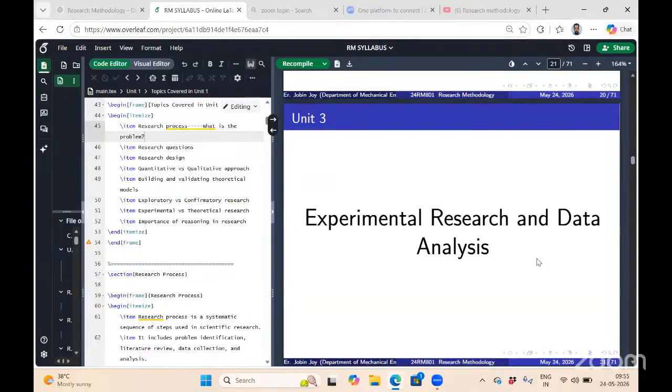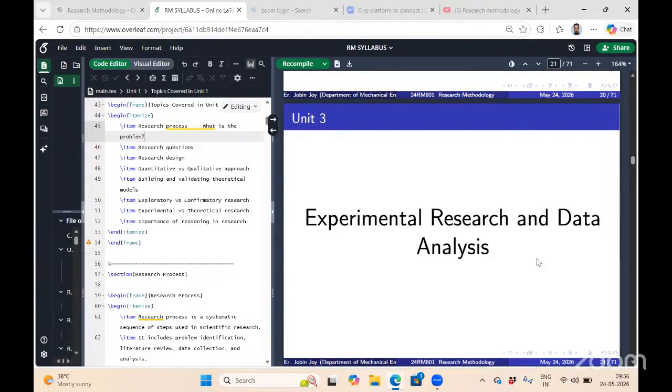If pressure is changing, how will it affect the fluid flow? If I give proper training to the workers, how will it improve their performance? So if one variable is changing, how will it affect the other variable? We have to identify the cause and effect relationship between different variables.